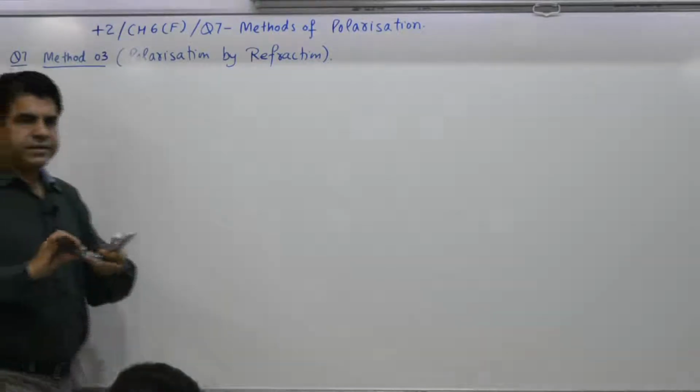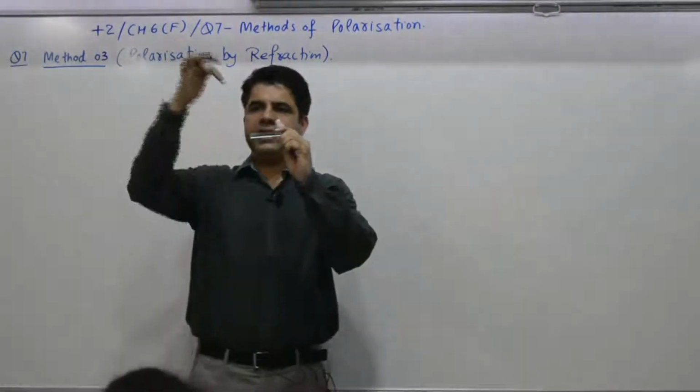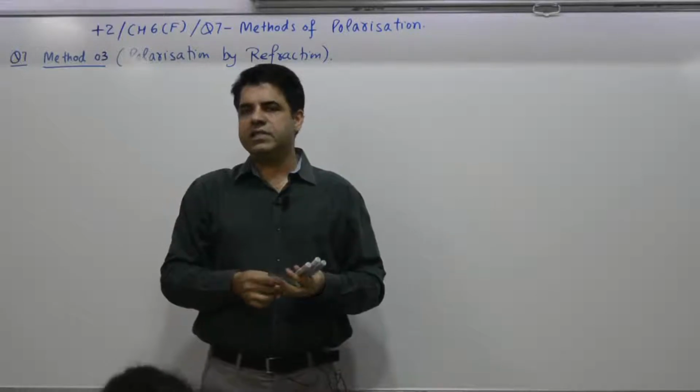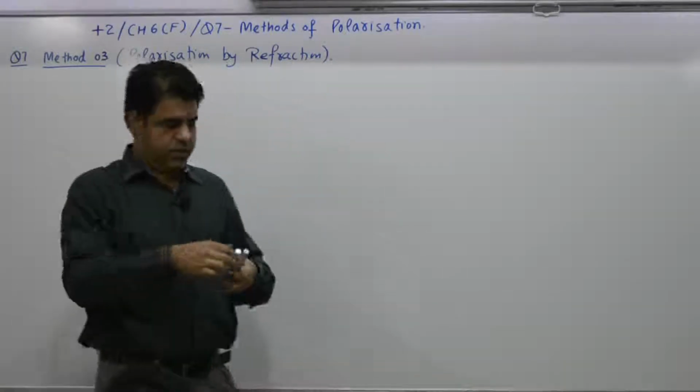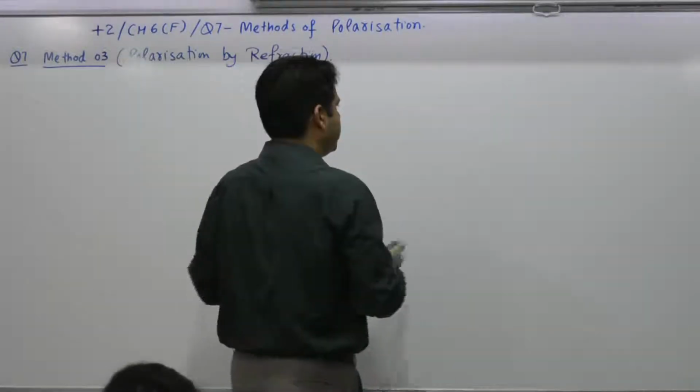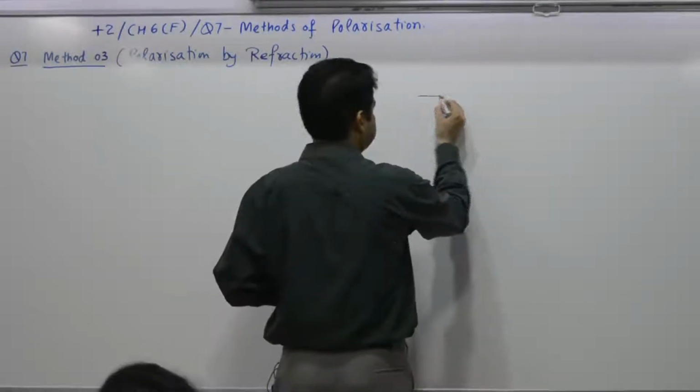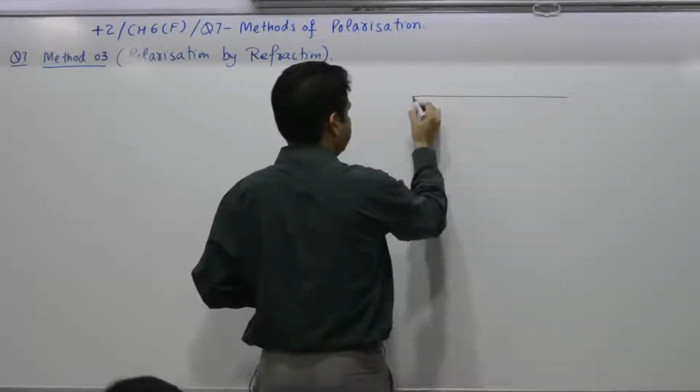A glass plate, light hits at the angle of incidence, the angle of polarization. That is, the phenomenon is the same as that of experiment number 1, method number 1.